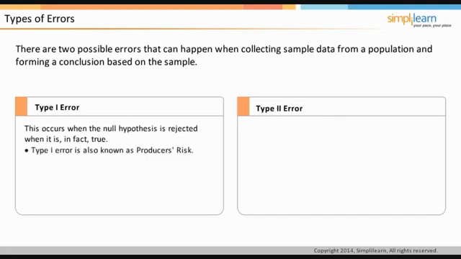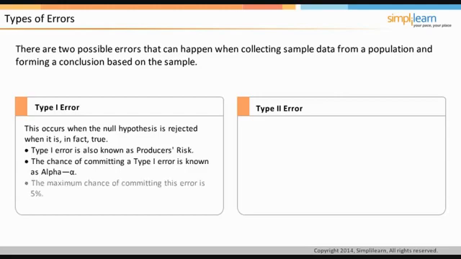Type 1 error is also known as producer's risk. The chance of committing a type 1 error is known as alpha. Alpha, or significance level, is the chance of committing a type 1 error, and is typically chosen to be 5%. This means the maximum amount of risk you have for committing a type 1 error is 5%.